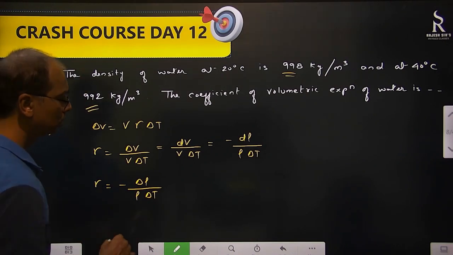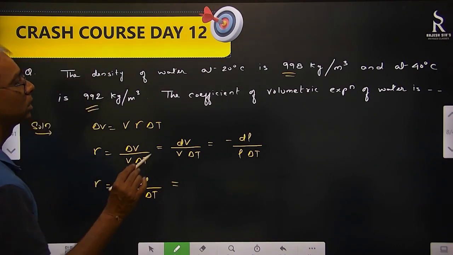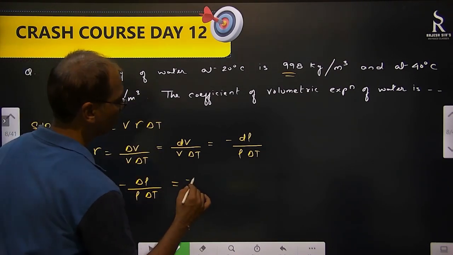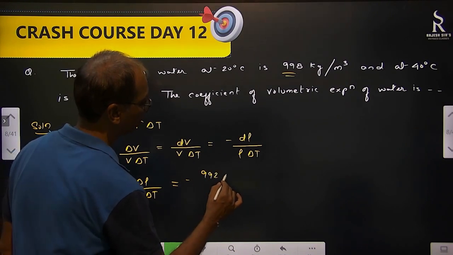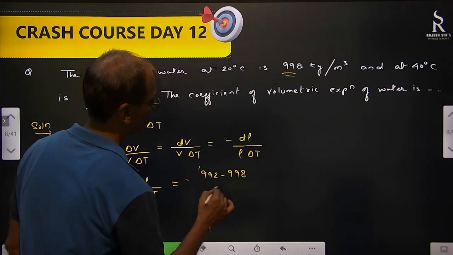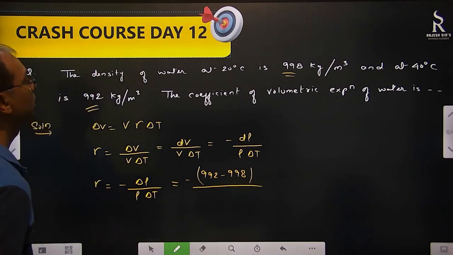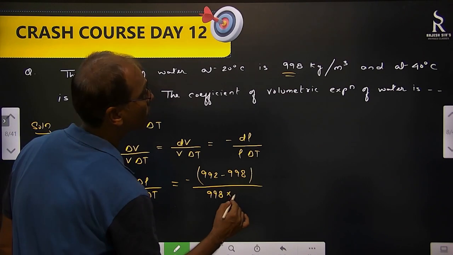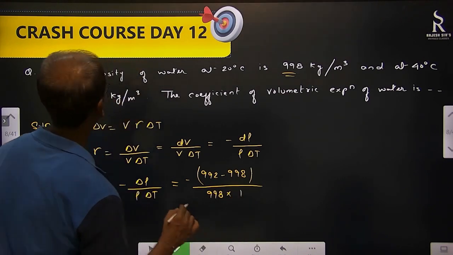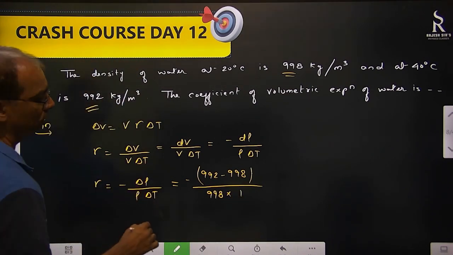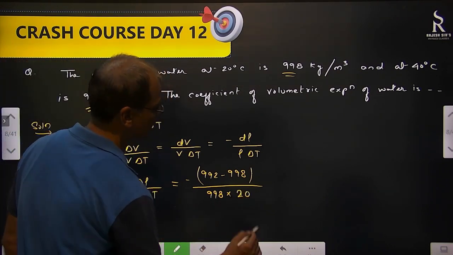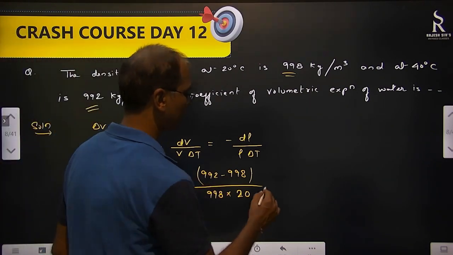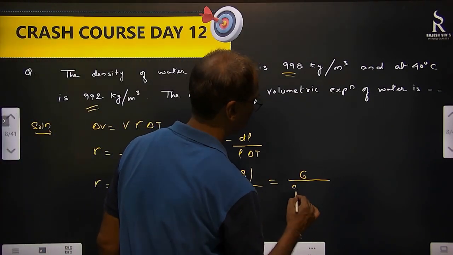Let's put the value. What is delta rho? It is final minus initial, so 992 minus 998, divided by the initial value 998, into the change in temperature. 20 to 40, so delta T is 20. 992 minus 998 is 6, so 6 by 998 into 20.